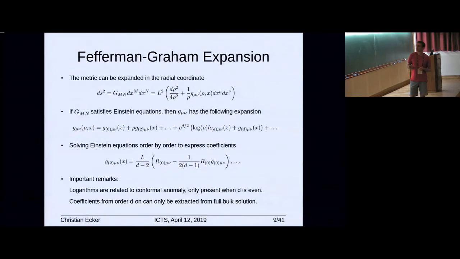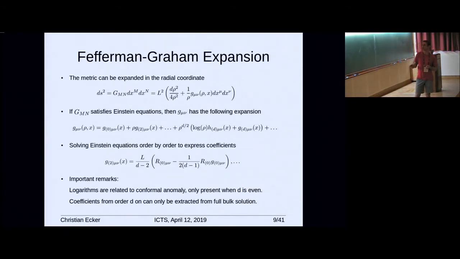Furthermore, the coefficients from dimension d on, which in d equal 4, a 4-dimensional boundary, means the fourth order coefficients, cannot be extracted explicitly from this near boundary expansion. They can only be extracted from a full bulk solution.